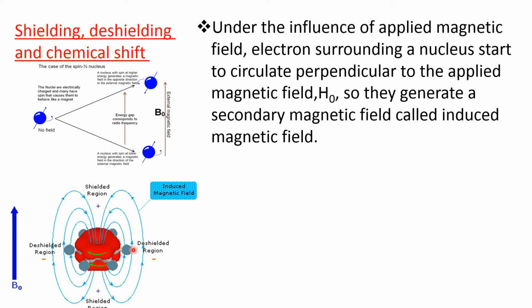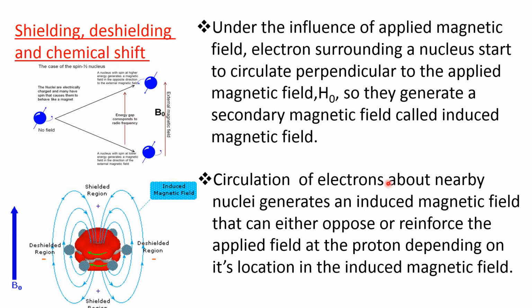See, here in this region where you are observing the magnetic lines of force, it reinforces the applied magnetic field, and in some location or some region it opposes the applied magnetic field. Let's see. Circulation of electrons about nearby nuclei generates an induced magnetic field that can either oppose or reinforce the applied magnetic field at the proton depending on its location in the induced magnetic field.